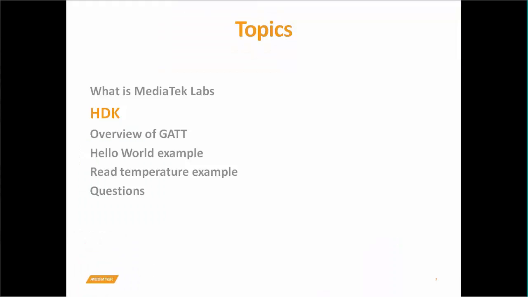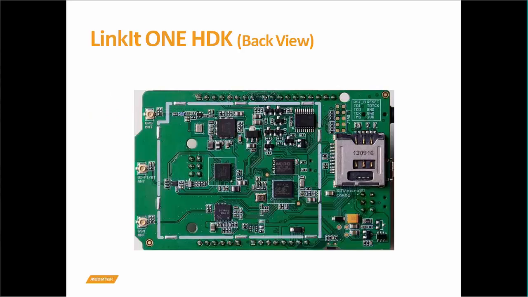Right. So enough about MediaTek Labs. Let's talk about the LinkIt ONE and what we have to do to get Bluetooth up and running. From a hardware perspective, it's actually very little. If we look at the back of the board, on the left-hand side, we have 3 connectors for antennas: the GPS antenna, the Wi-Fi Bluetooth antenna, and the GSM antenna.